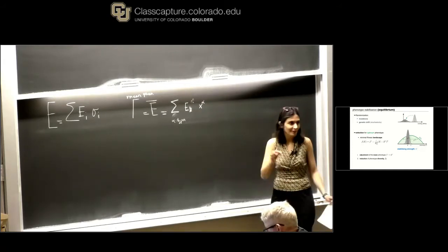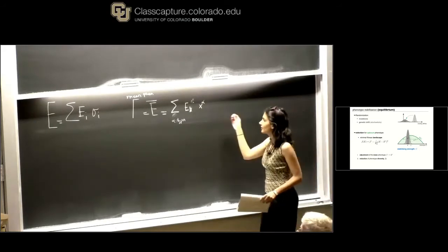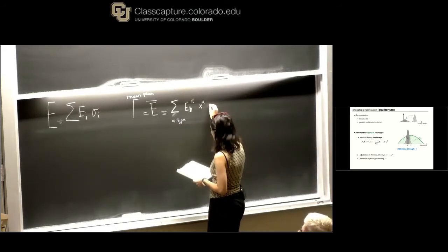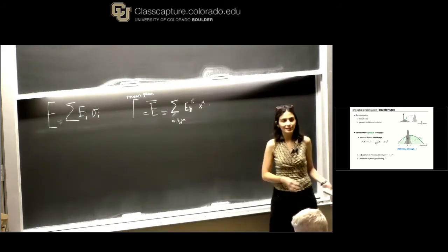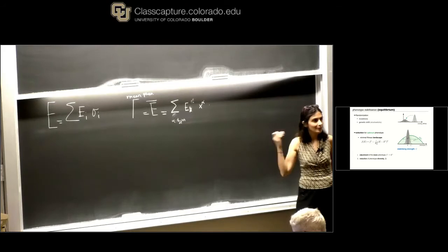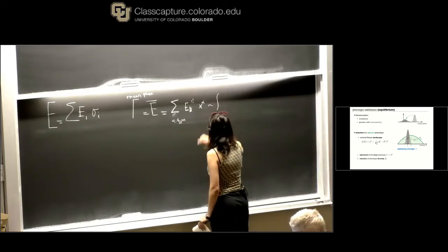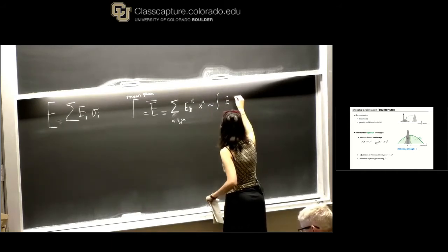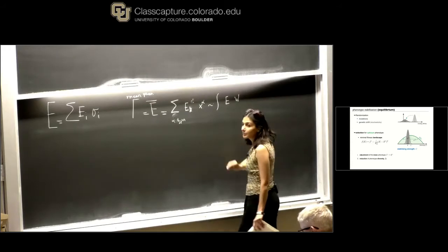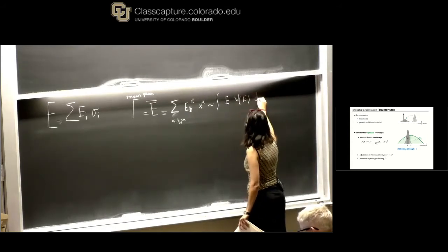If you have a genome of length L, there are 4 to the L types in a population. And if we are in the continuous regime and the Gaussian approximation is good, then you can approximate this by an integral. Let's call the distribution of energies in a population W. So it would be the integral of E W of E dE.